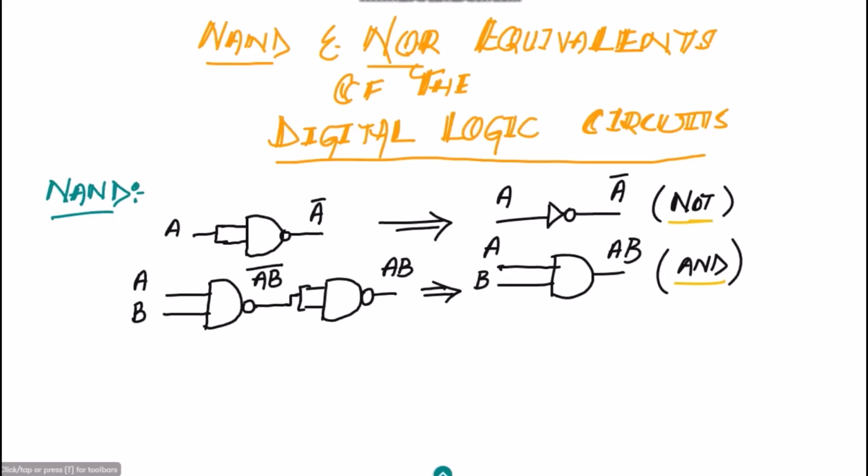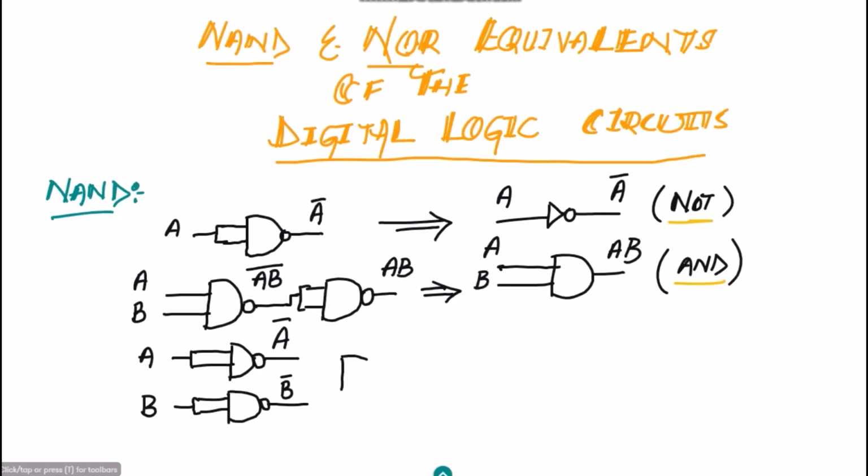Okay, similarly, if I have two NAND gates, this is the first NAND gate and this is the second NAND gate, and to the first gate I have applied A, while to the second I have applied B, at the outputs I will get A complement and B complement.